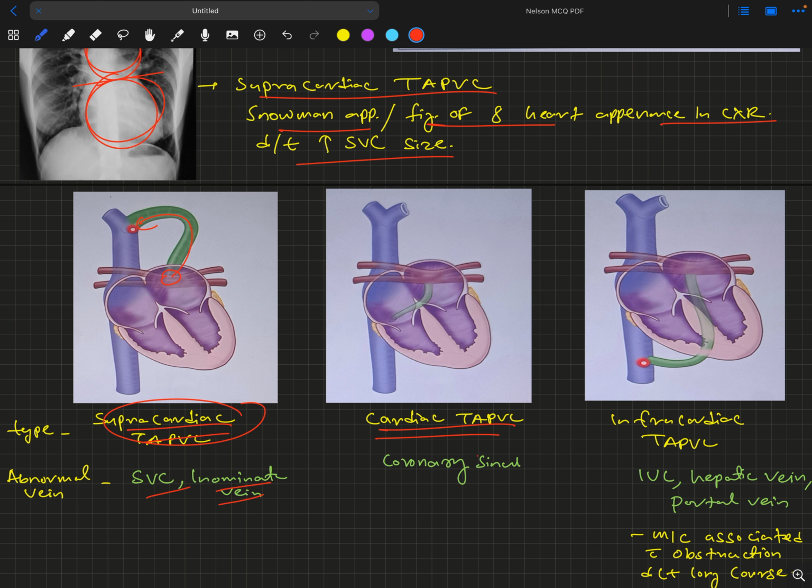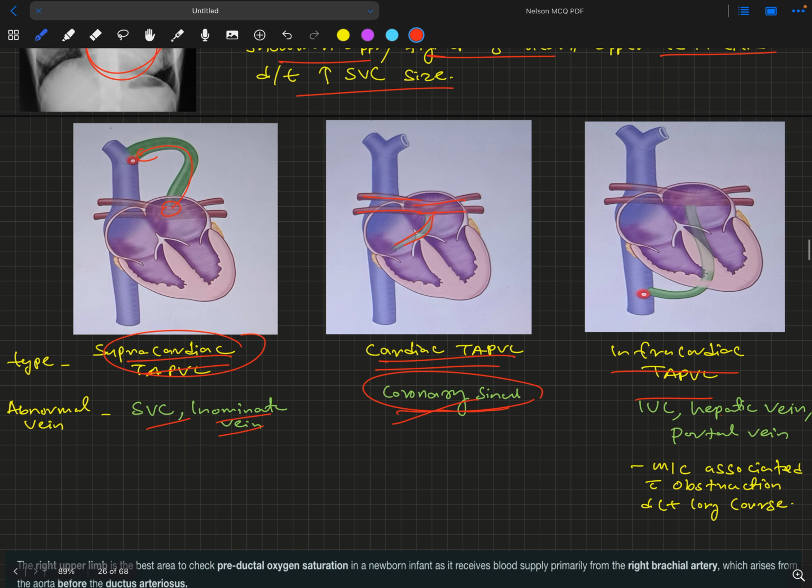Cardiac TAPVC means the pulmonary vein drains through the coronary sinus. Instead of draining into the left atrium, now this pulmonary vein drains into the right atrium through the coronary sinus.